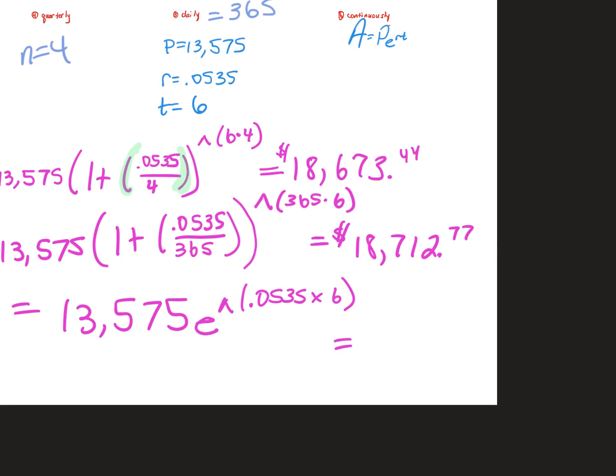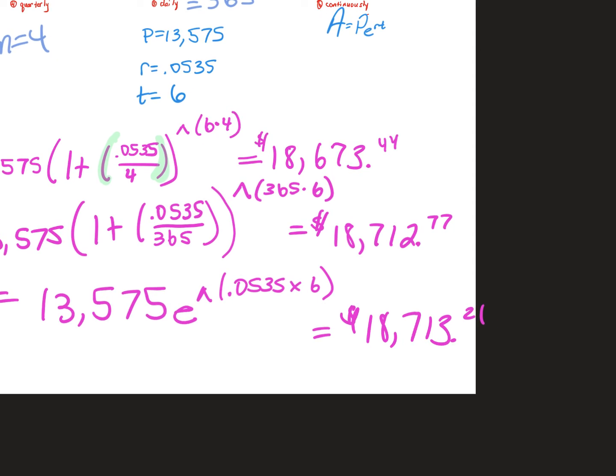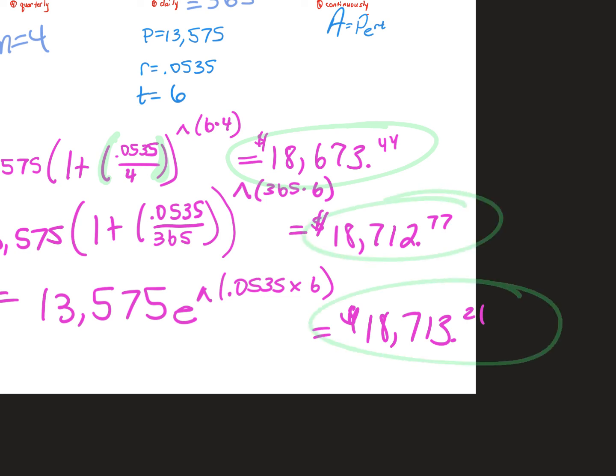So we get $18,713 and how much? 21 cents. Again, is there a huge difference between these three answers? No. It's less than $10. Right? I mean $100. When I say 10, I didn't mean 10.